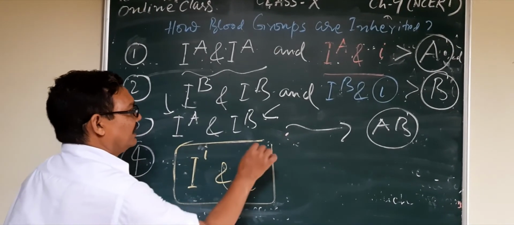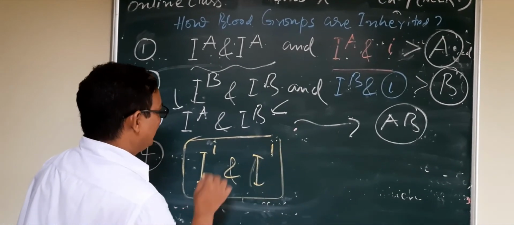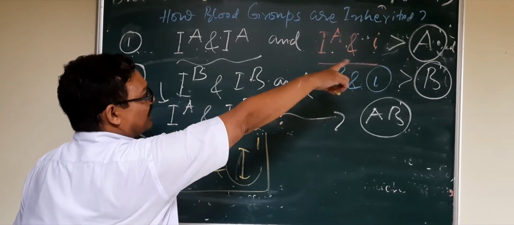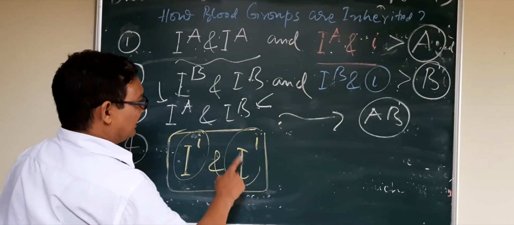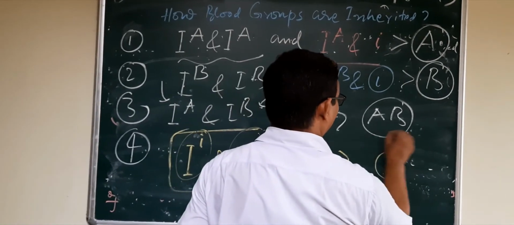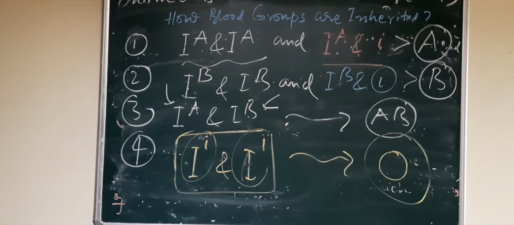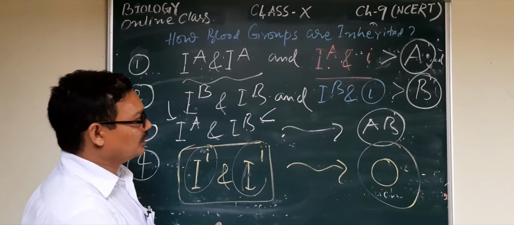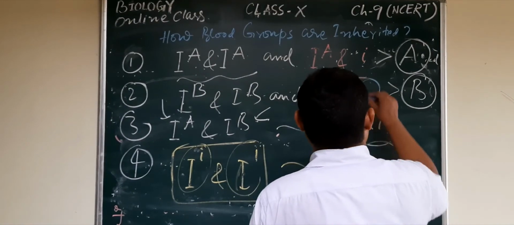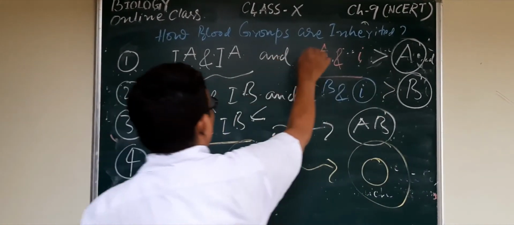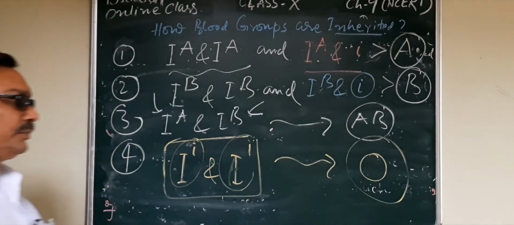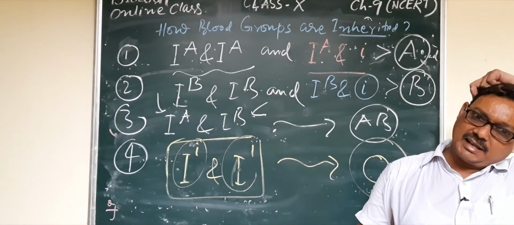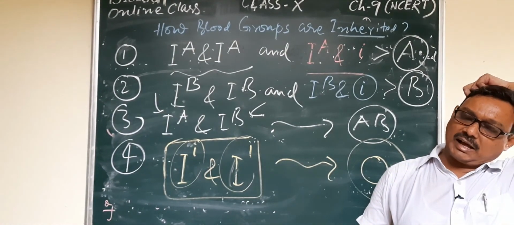If an individual will inherit this recessive allele in both cases, then there will be the possibility of blood group O. So in this way we have seen that there are 4 different types of blood group, and how these 4 will be inherited will be decided by the 3 forms of the genes, that is IA, IB and small i.